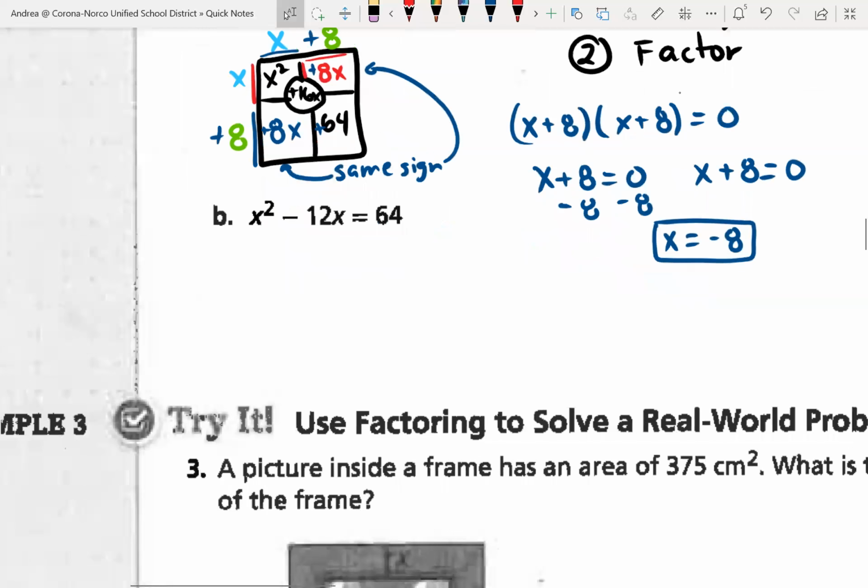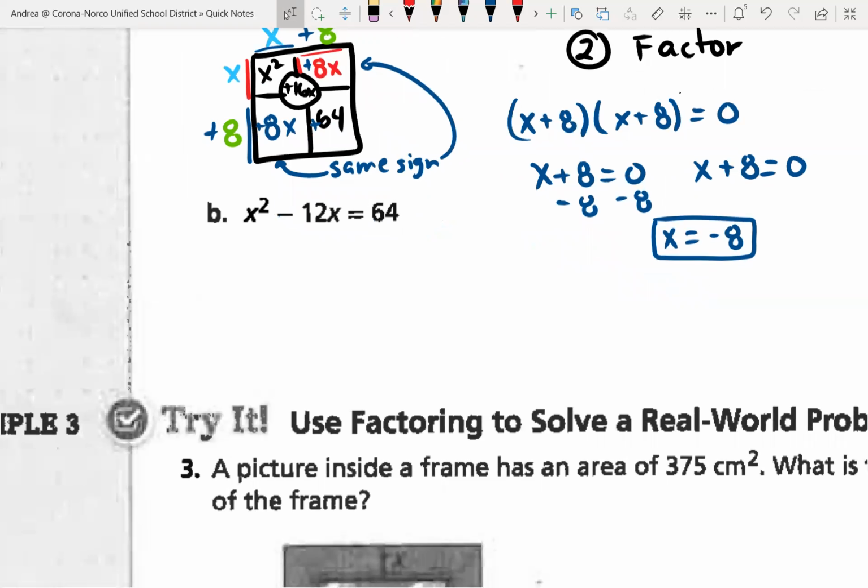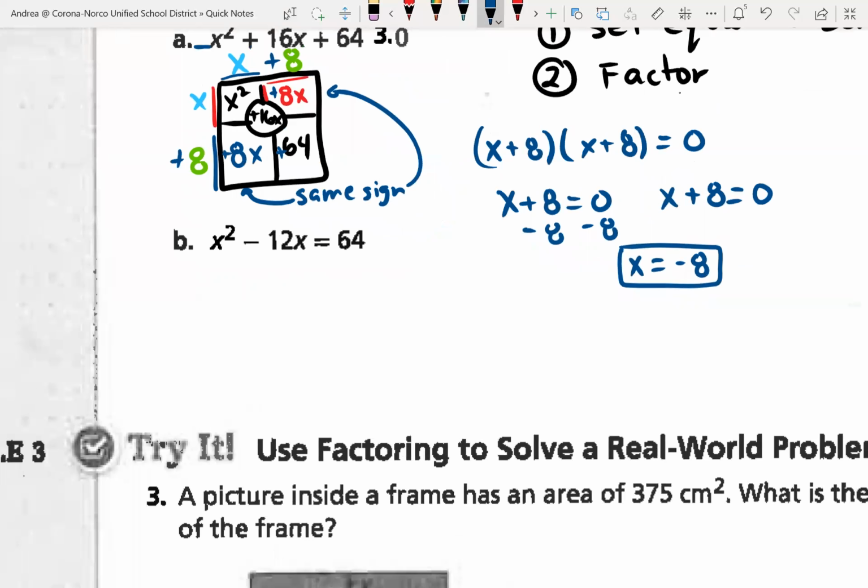Okay. On this one, you need to set this equal to 0, because right now it's saying it equals 64. Okay, we have to get rid of that 64. So how do I make 64 go away? Subtract it, okay? And if I subtract 64 from this side, I have to do the same thing on the other side.